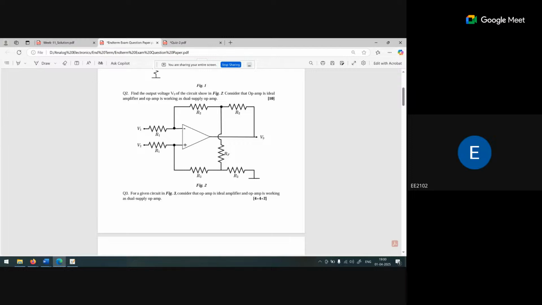So what we have to do here is apply the KCL. For example, we are considering this as the V negative voltage, this is the V positive voltage, and this is the Vx voltage.